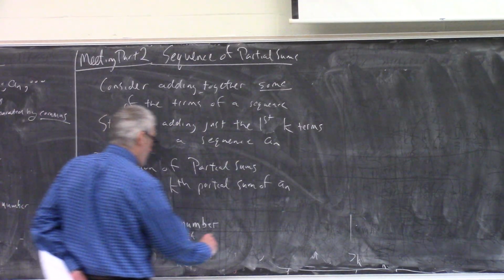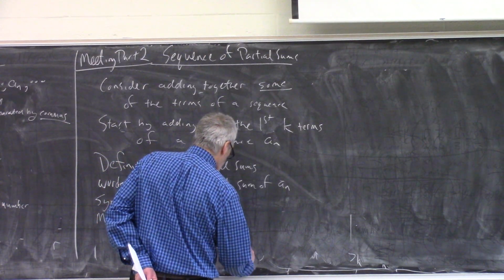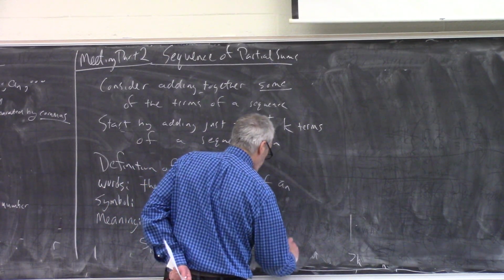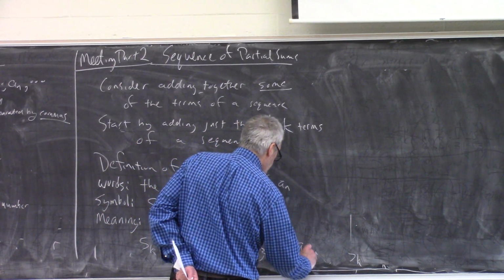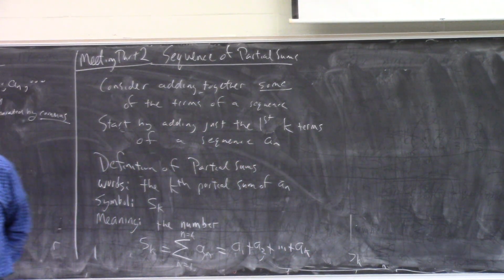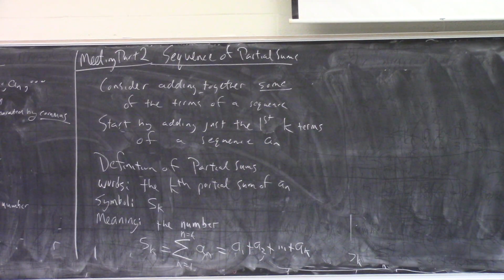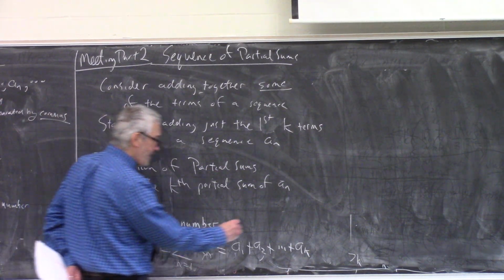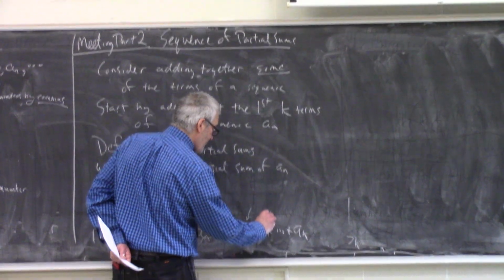So what that means is a1 plus a2 plus, ending with a subscript k. Notice that the partial sum always exists. You've got a list of numbers, and you're adding together a finite bunch of numbers, so you're going to get a number. And notice that with S subscript k, there are plus signs in here.